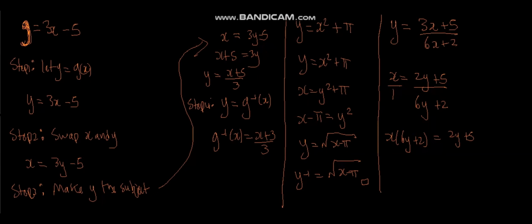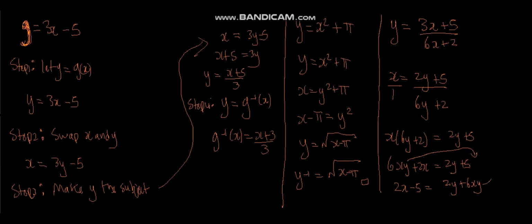So expanding the left hand side, we will get 6xy plus 2x equals to 2y plus 5. Now carrying across this here and bringing across this 5, you would get 2x minus 5 is equals to 2y plus 6xy.